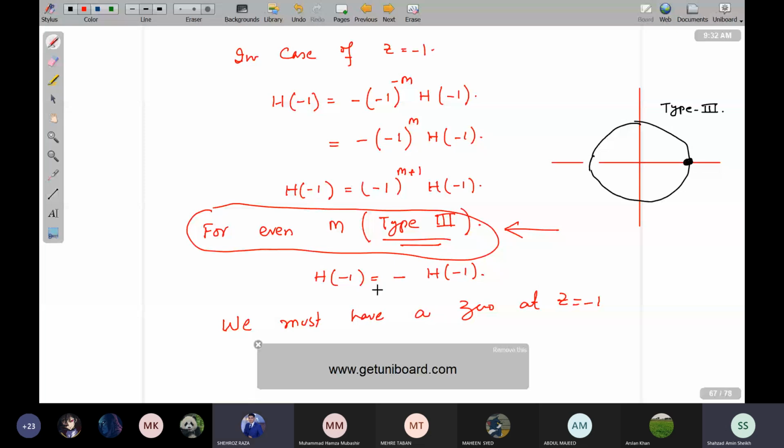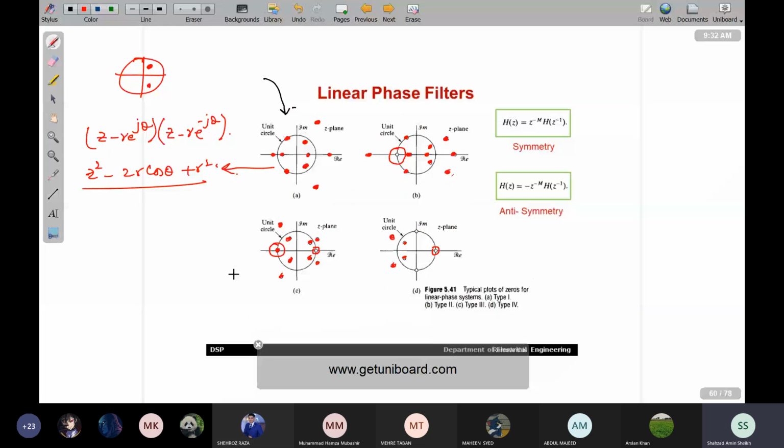So there must be a 0 at z is equal to -1 for type 3 filter, because m is even, because n is odd. So that's the reason we are saying that we must have a 0 at z is equal to -1 for type 3 filters. This is the case. Have I answered your question, beta? Yes, sir. Okay, great.